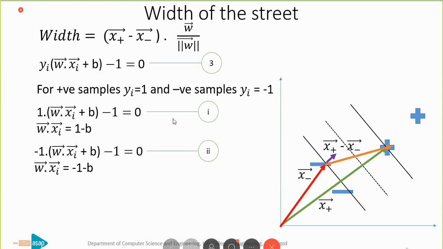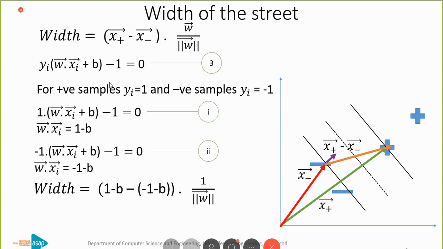What you can do is to see this expression, the width. Indeed, it is a dot product of this difference vector with w. So you can replace the dot product of x plus with w by 1 minus b for the positive cases, and for x minus with w you use minus 1 minus b. So when I substitute, I'll be getting 1 minus b minus (minus 1 minus b).